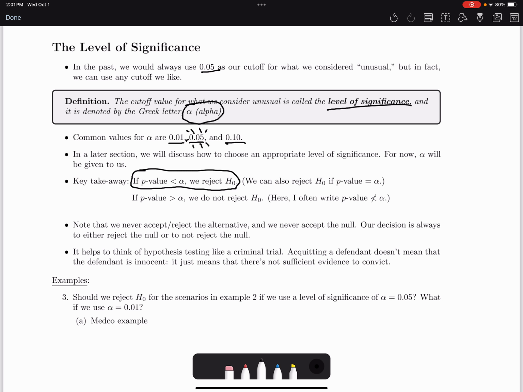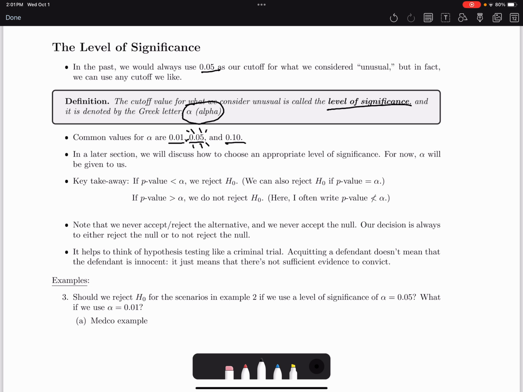Technically, we would also reject the null hypothesis if the p-value equaled alpha. So if the p-value is less than or equal to alpha, we reject the null. But it's so rare that you're going to end up with a p-value that's exactly equal to alpha that we can just simplify things and say, if the p-value is less than alpha, we reject the null. On the other hand, if the p-value is greater than alpha, then we do not reject the null.